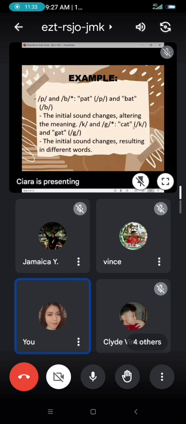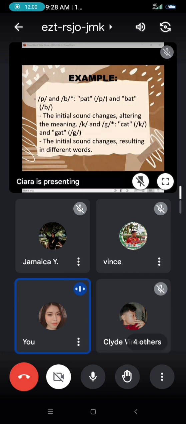For example, p and b: p for pat and b for bat. We have here the initial sound, the p and b. These are consonant sounds. When we say phoneme, it is the smallest unit of sound.